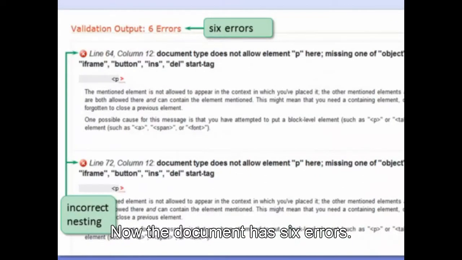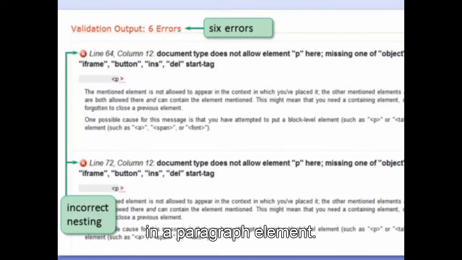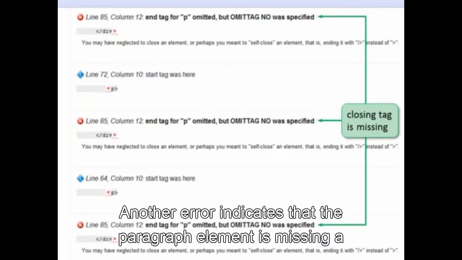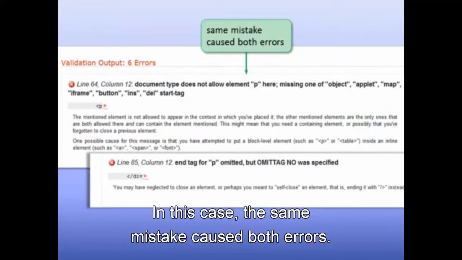Now the document has 6 errors. This error often indicates that an element has not been nested correctly in a paragraph element. Another error indicates that the paragraph element is missing a closing tag. In this case, the same mistake caused both errors.